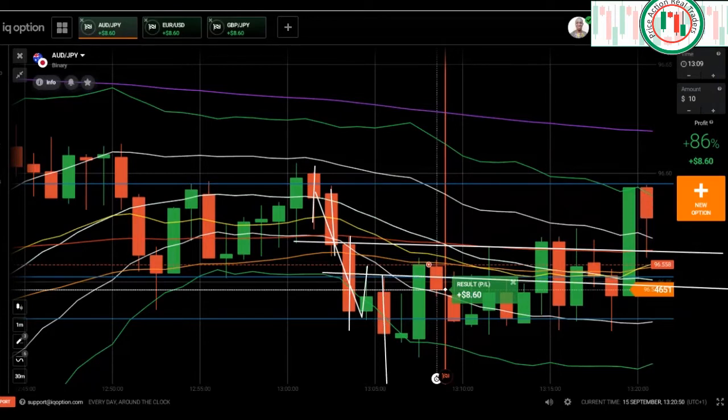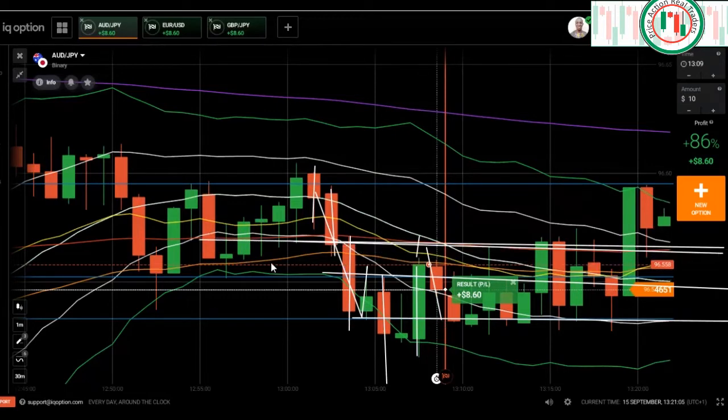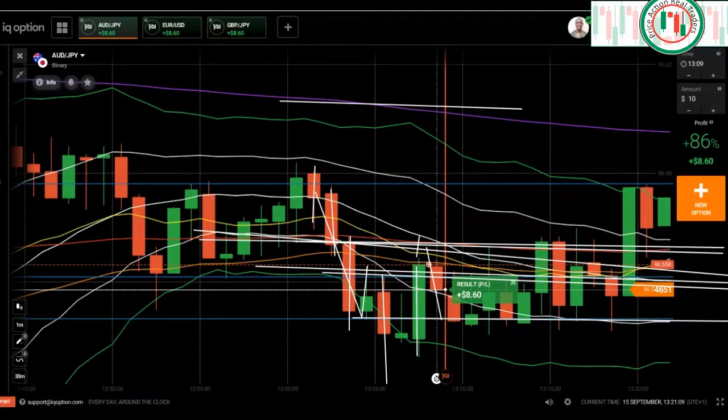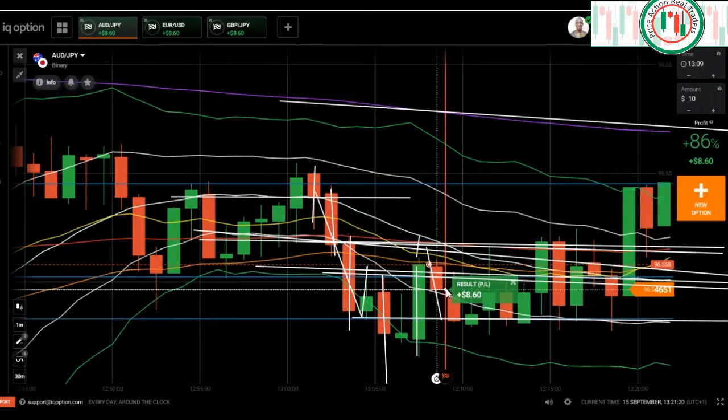Then you draw like this here, like this here. So this candle comes to this zone, then rejects, then I place a put option because the 100, 50, 20, 200, and all the Bollinger are flat. So that's why I immediately placed my trade here, put option. You see, this is a winning trade.